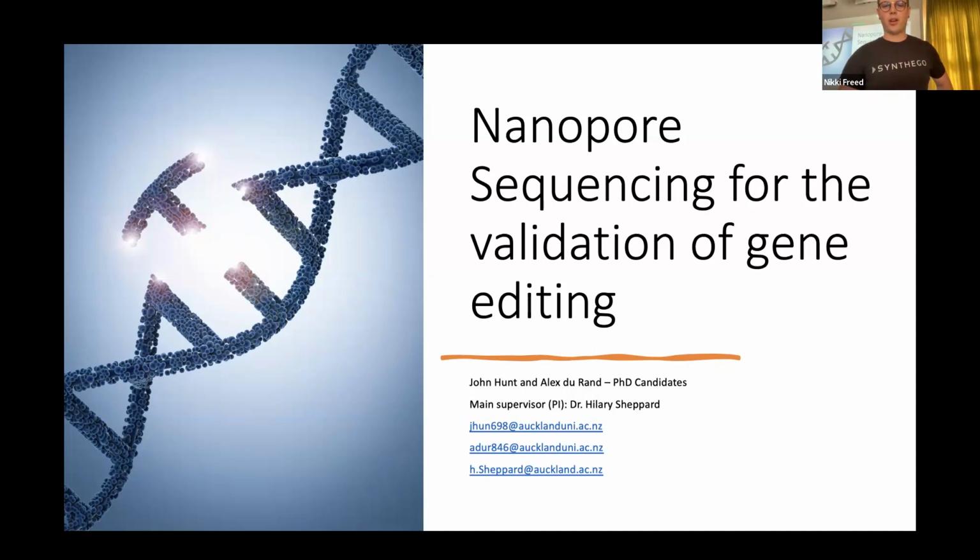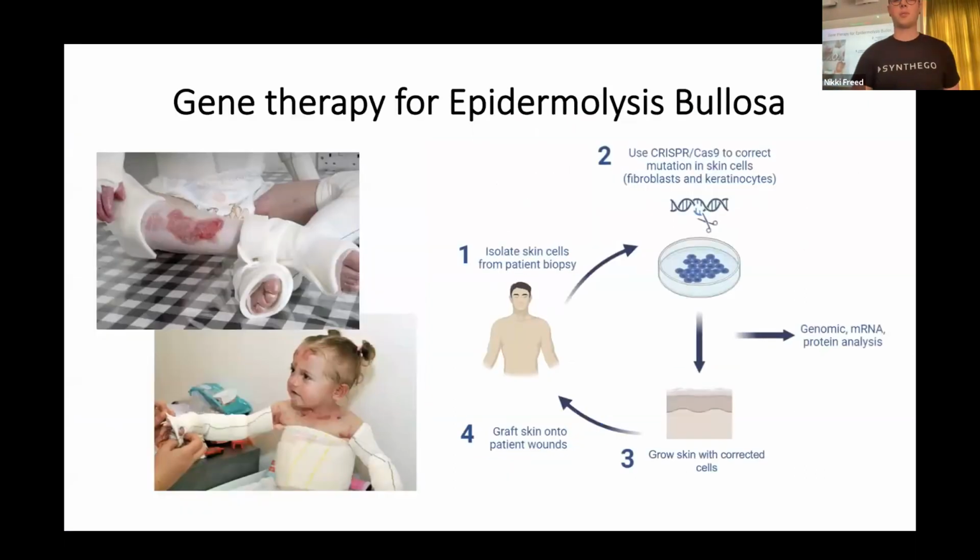So if you're unfamiliar with the research that our group does, we are focusing on trying to make a gene therapy for a group of skin diseases called epidermolysis bullosa. And in epidermolysis bullosa, mutations in key functional proteins of the skin means that your skin is fragile and falls off quite easily, leading to quite severe blistering and ulceration phenotypes with quite a high disease morbidity.